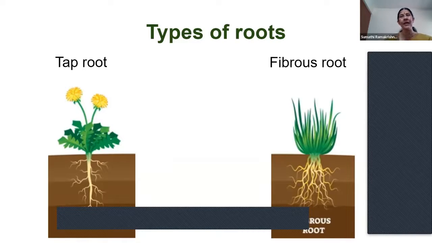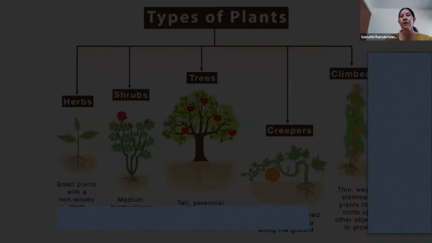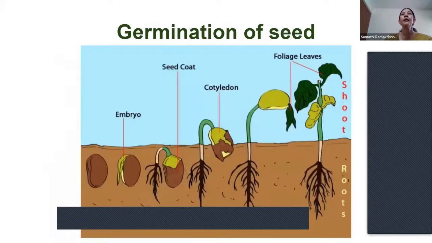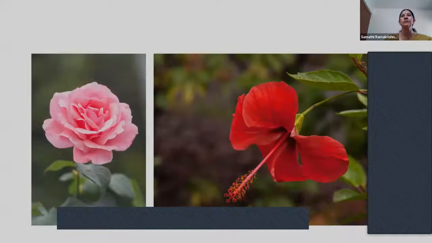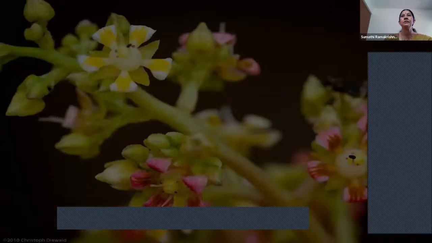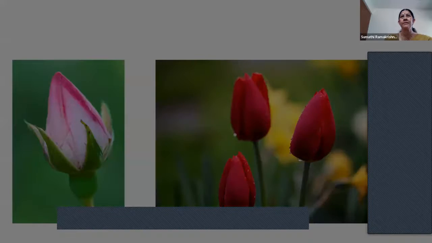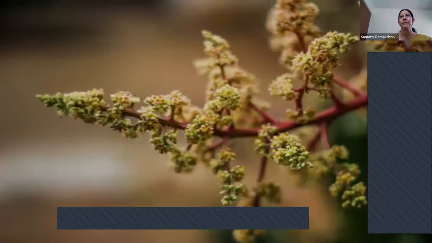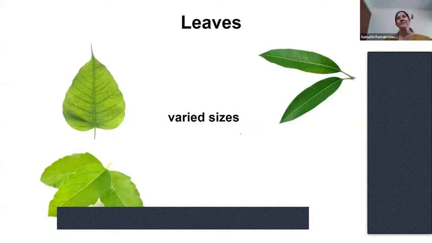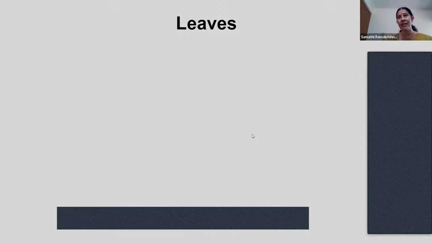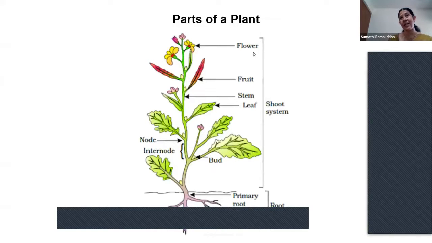Now, after explaining till this, we have to go back to the parts of the plant. After explaining all this, we can say flower, fruit, stem, leaf, bud, all this together form the shoot system.